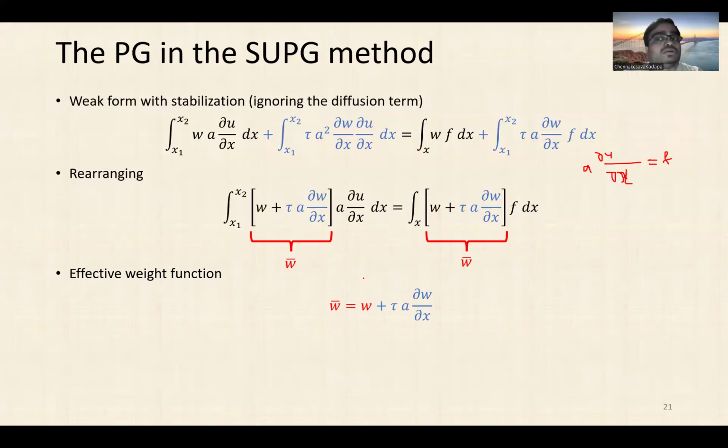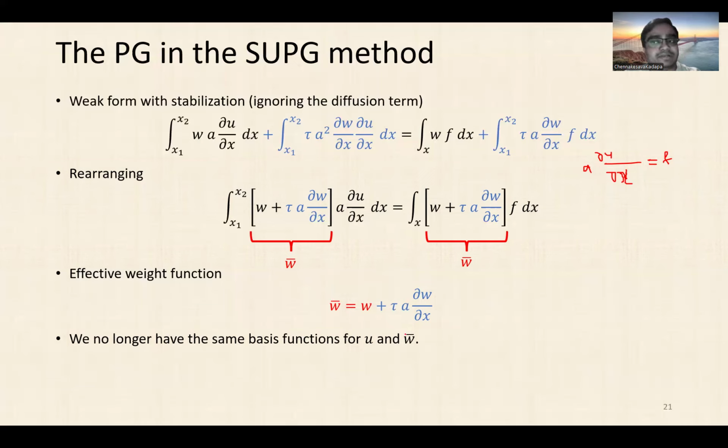Now that w bar is the weight function, we can no longer take the same basis functions for u and w bar. We have the same basis functions for u and w, but the basis functions for u and w bar are not the same. Now this is not the Galerkin method anymore.